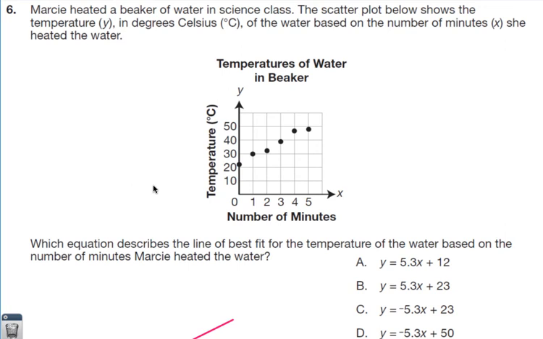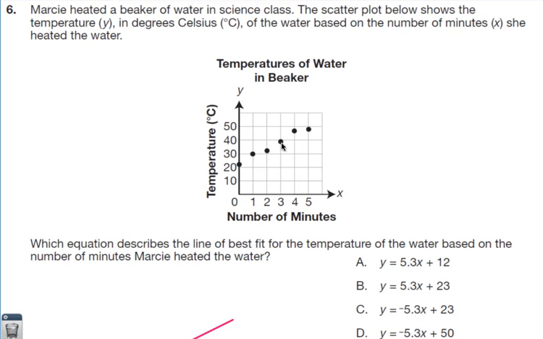Number 6. Essentially they give you a scatter plot, and they go, boom, check out the scatter plot. If there was a line of best fit, what would the equation be? So which one of these equations would describe the line of best fit? Now looking at the choices, they're kind of going a little easy on you, because look at the slopes. Positive 5.3, positive 5.3, negative 5.3, negative.